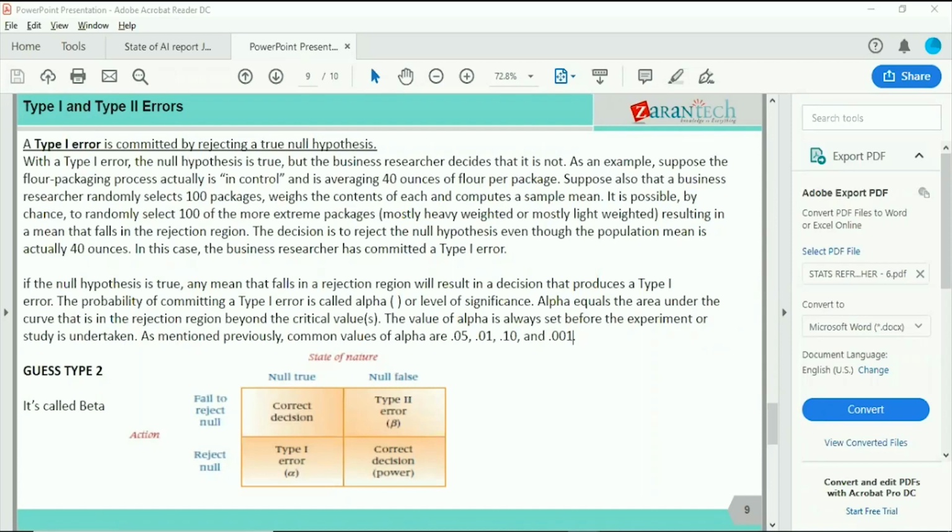Let me give you one example of the famous example of type 2. A woman is not pregnant and the doctor says she is. Or maybe the same as a cancer patient.